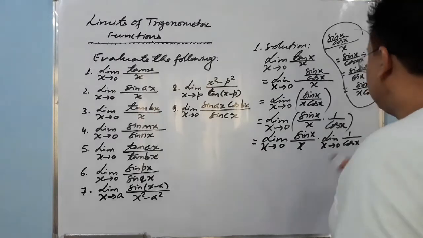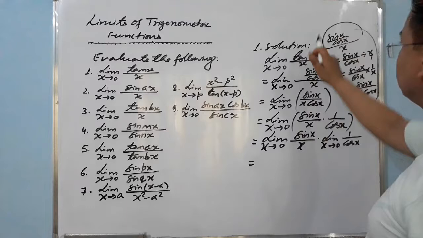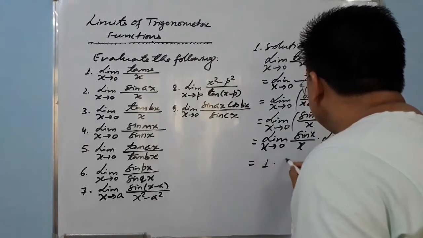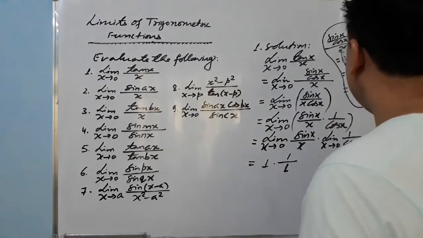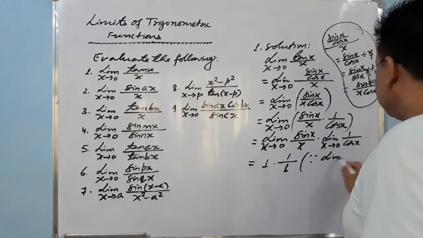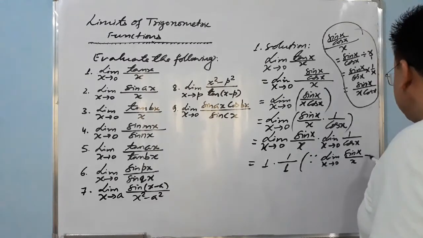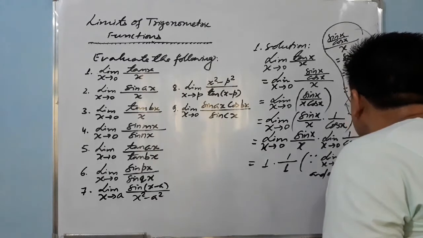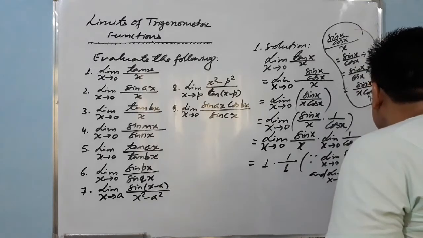Here sin x upon x gives 1, into 1 over cos 0, which means 1. The reason: the limit of sin x over x as x tends to 0 is 1 by the theorem, and the limit of cos x as x tends to 0 is also 1.